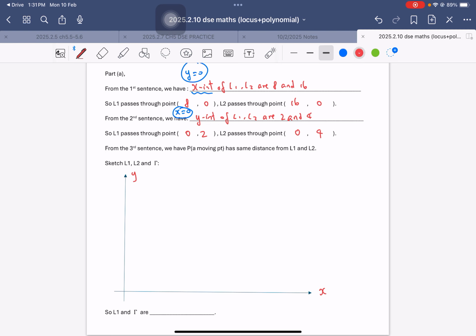So the x-intercept of 8, 0. If this part is 8, then the 16 must be double of this side, isn't it? So 16 must be here. So let's say this is 8, and this is 16. Okay, that's from the first sentence that we have the x-intercepts 8, 0, and 16, 0. This point is for L1, this point is for L2.